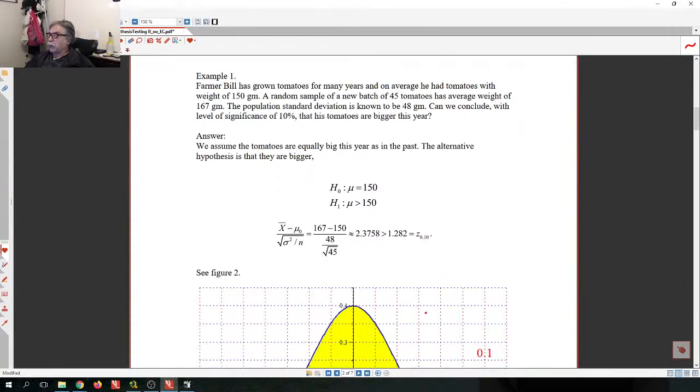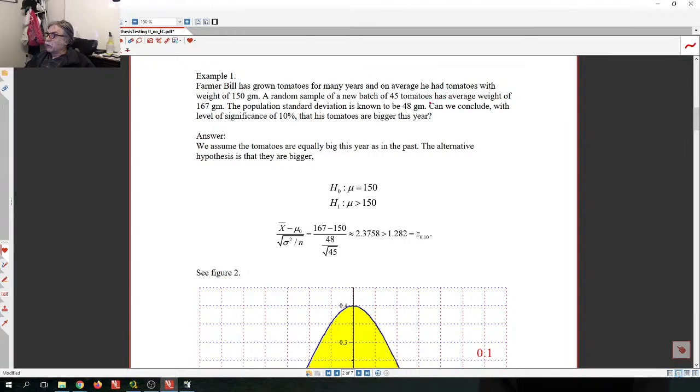Okay, here is an example. Farmer Bill has grown tomatoes for many years. On average, he had 150 gram tomatoes. So his tomatoes are somewhat bigger, somewhat smaller, but on average, they're 150 grams. Now, he has done something else. Maybe he changed a fertilizer, maybe changed to another hybrid tomato, or new seeds, or whatever.